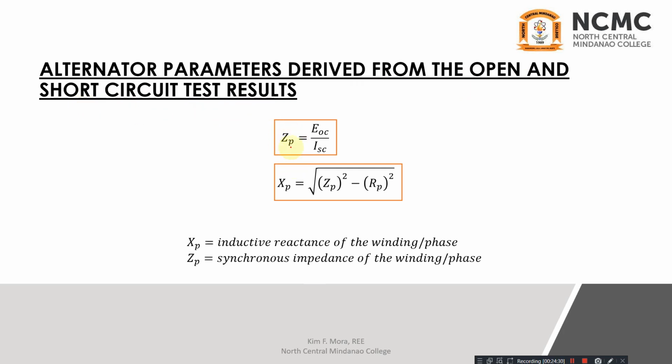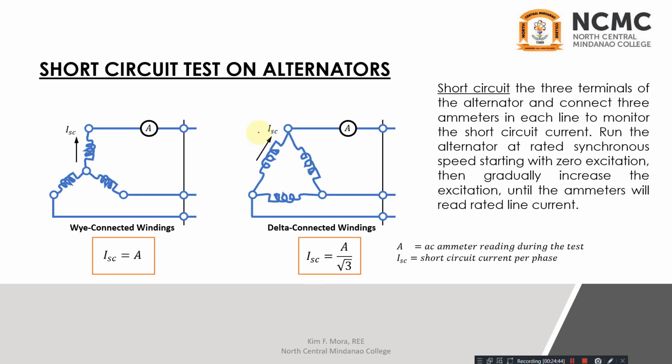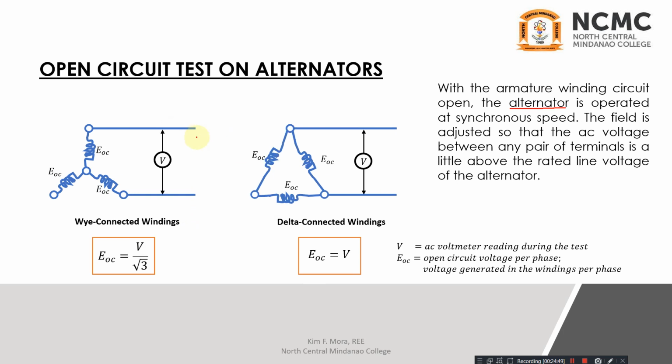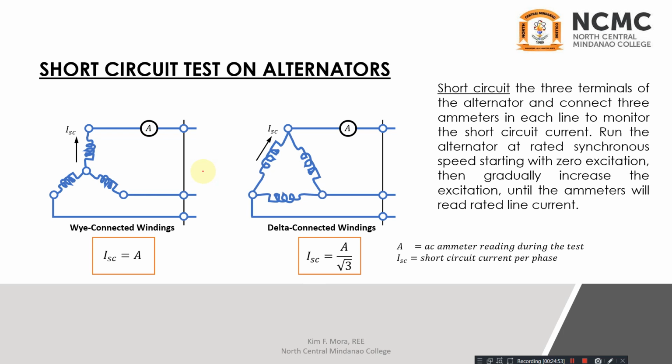ZP is derived from the two tests, the short circuit and the open circuit tests. In the short circuit test, the three lines are shorted, while in the open circuit test, the lines are open.